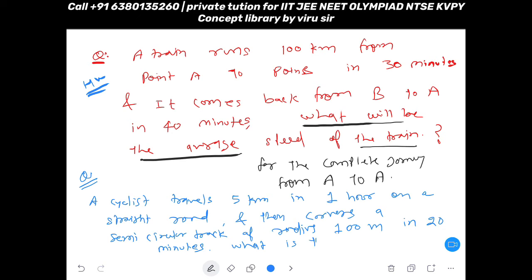What is the average speed in the total journey? I have written an extra line here.